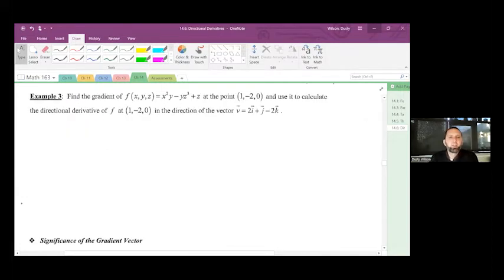Example 3. Find the gradient vector of f of x, y, z equal to x squared y minus yz cubed plus z at the point 1, -2, 0, and use it to calculate the directional derivative of f at the point 1, -2, 0 in the direction of the vector 2i plus j minus 2k. So first thing we're going to do is find our u.